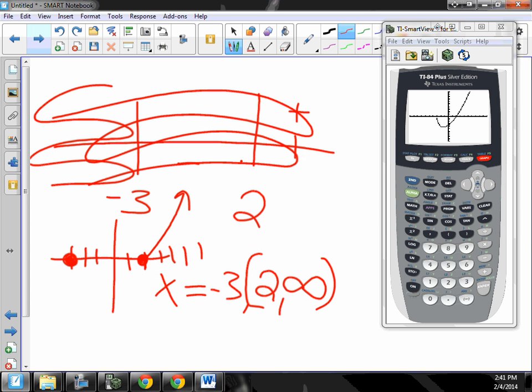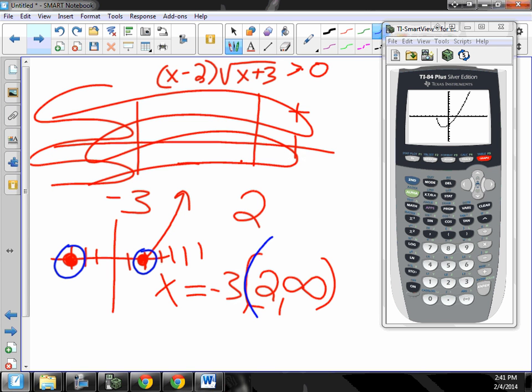Okay? What happens if, so this was x minus 2 times the square root of x plus 3 greater than or equal to 0. How would my answer change if I got rid of the equal to? Then this 2 would be open, so that would change the bracket to a parenthesis, and the negative 3 would turn into an open circle, which is really nothing.